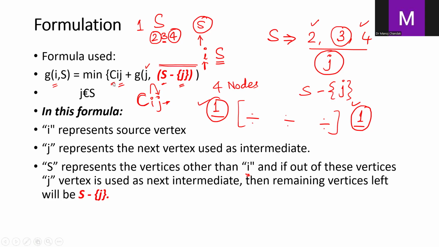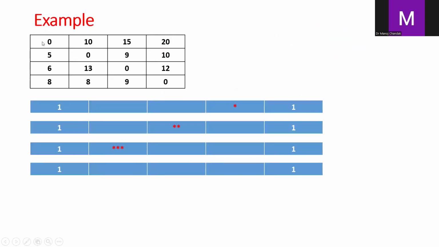Let us see how this is actually implemented on a matrix. If I take a 4 by 4 graph, it has four vertices, that is 1, 2, 3, 4, connected with each other in the form of a complete graph. So diagonal elements are 0.